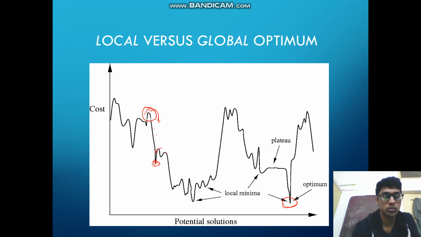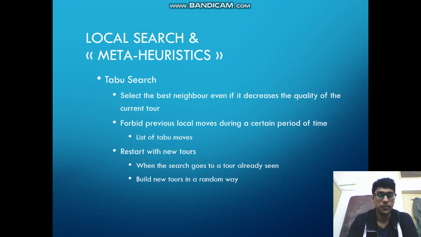Let's say in 10 moves we can actually reach this hill, and after that we will be able to move closer to our optimum in this direction. It is possible that this value of 10 might help us surpass these hills and reach the global optimum. If the value of 10 doesn't work, we can increase the value of k, which is the length of the tabu list. That will help us reach the optimum.